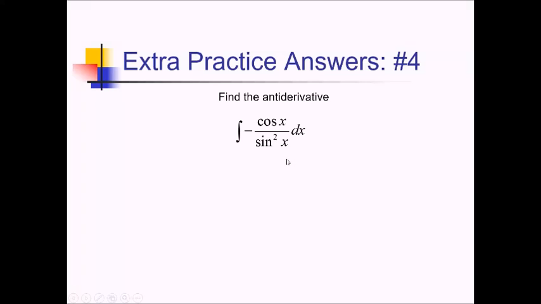To make my life a little bit easier on this antiderivative, I'm going to do some trig simplification. So the key on this one is to split this up into 2 fractions. In one fraction, I'm going to have a negative 1 over sine of x, so I'm splitting up this sine of x here. In the other fraction, I've got a cosine of x over sine of x, and I'm splitting it up with multiplication.